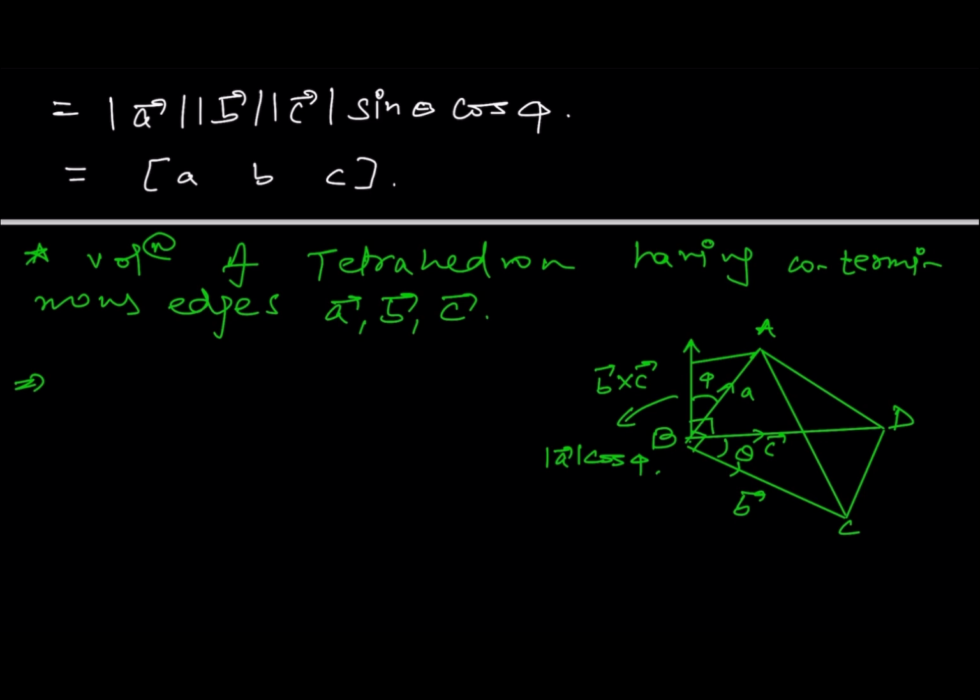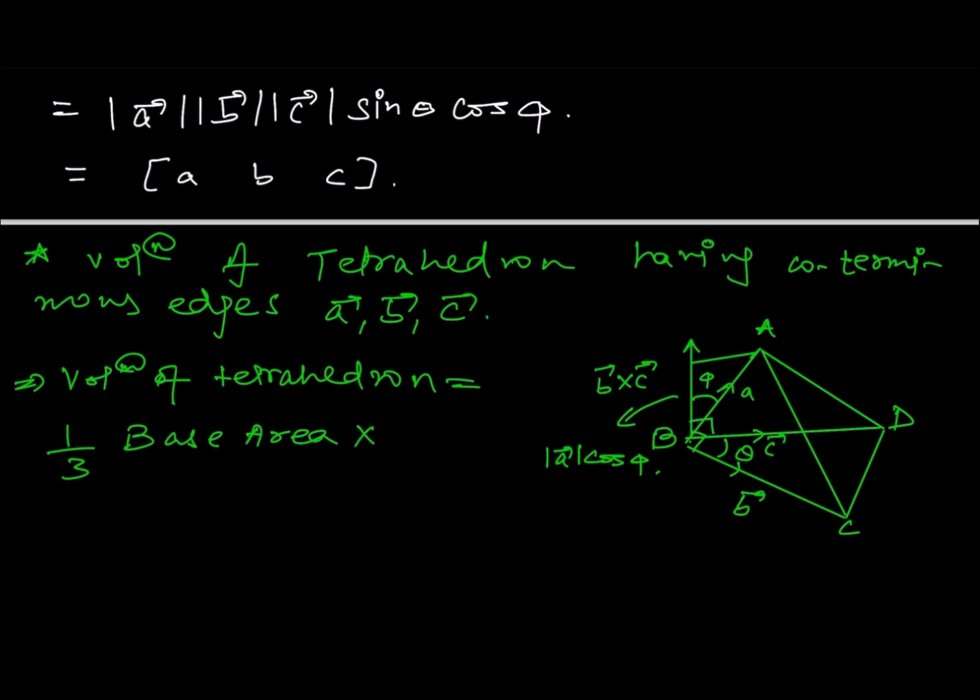So again now, volume of tetrahedron. Volume of tetrahedron is 1 by 3 base area into height. The base is a triangle, so base area is half mod of B cross C, into height, which is mod A cos phi.